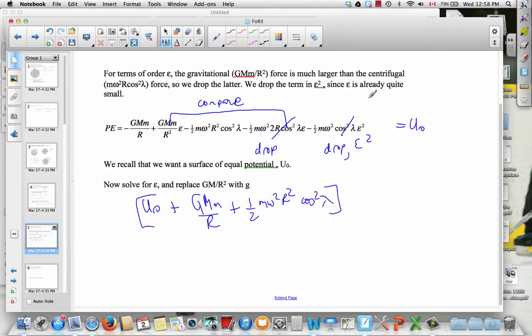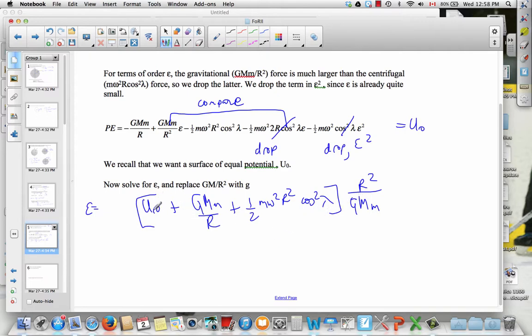So all of that's now over here, and then we're trying to solve for epsilon. So we're just going to cross multiply up the R squared and cross multiply down the G big M little m.